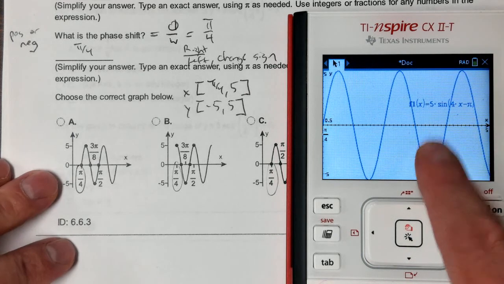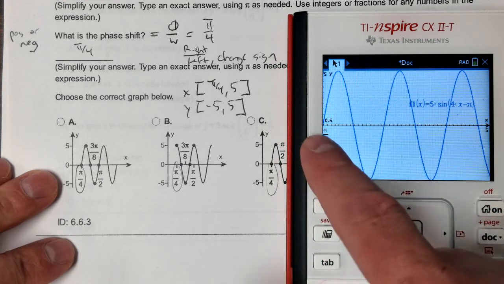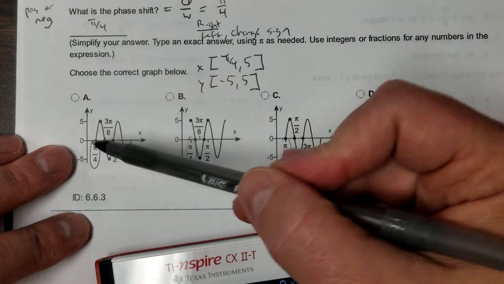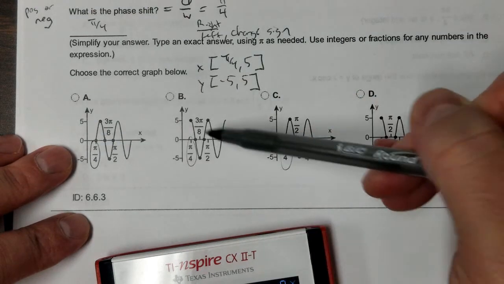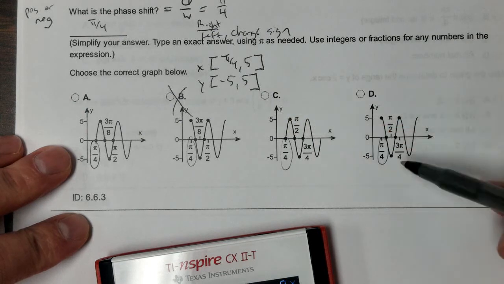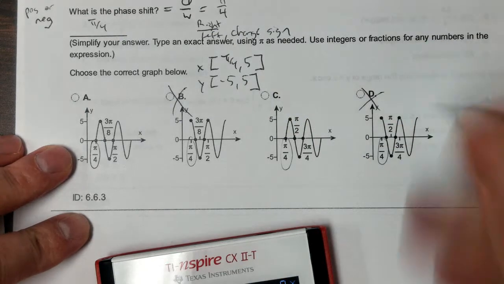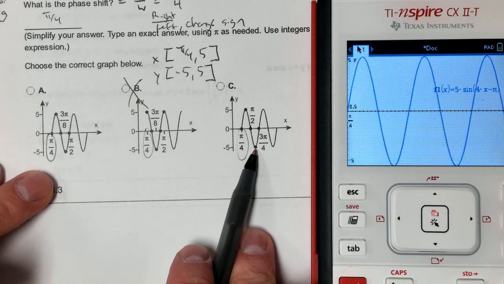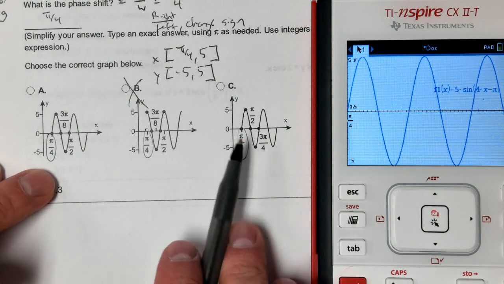Okay, there's your graph. At the pi fourths, it's starting to go up, which means this one can't be this one. Could be this one, but then not this one. So we know that it's going to be either A or C, right?